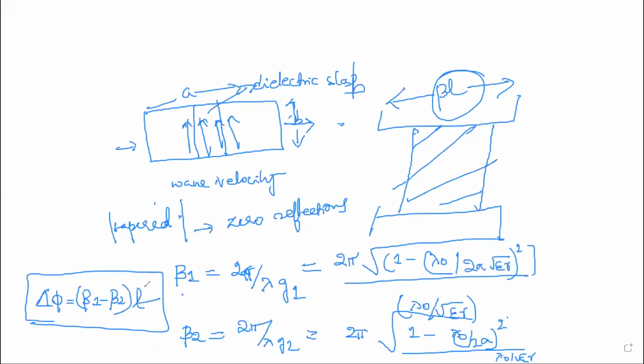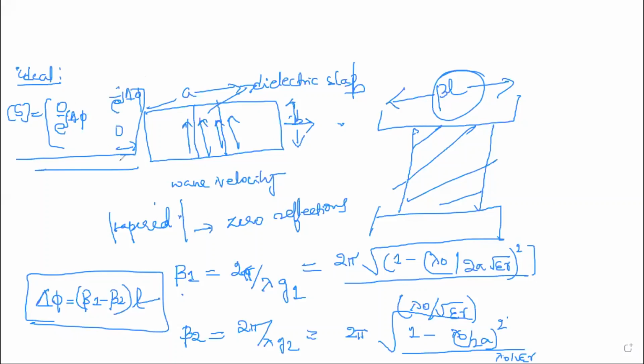Now for an ideal phase shifter with zero reflection, the S matrix is represented as 0, e to the power minus j delta phi, e to the power minus j delta phi, 0. So this will be the ideal S matrix of a phase shifter.